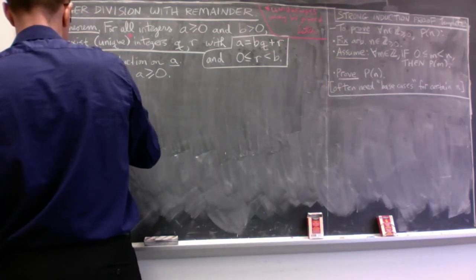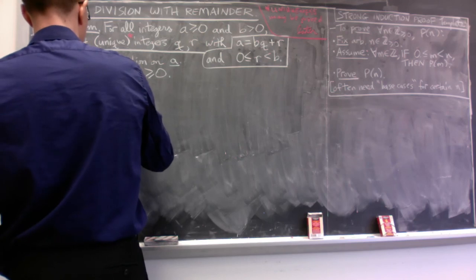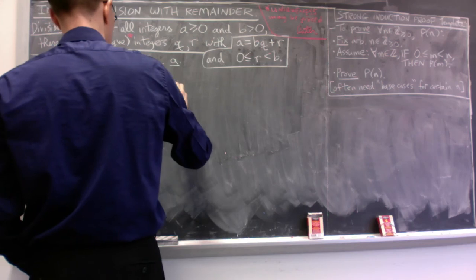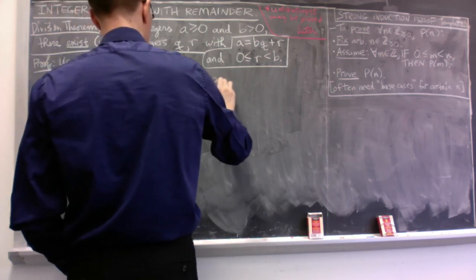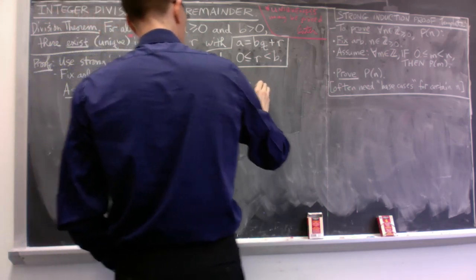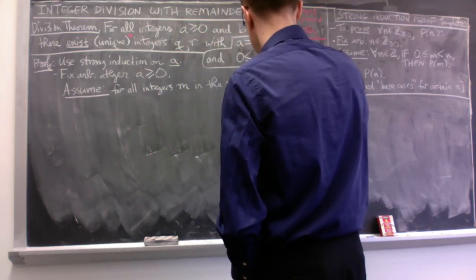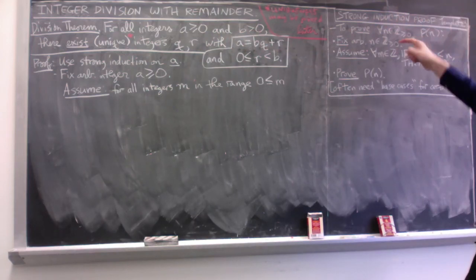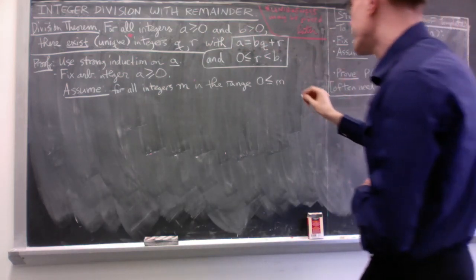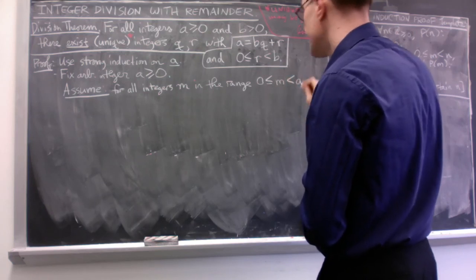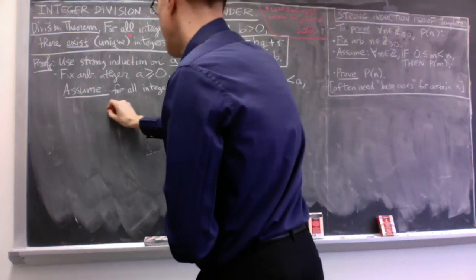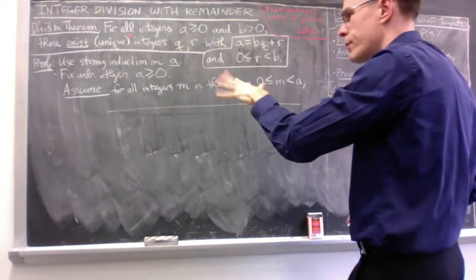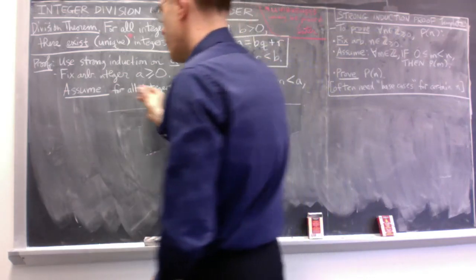Assume for all integers m in the range starting at 0, that's what was called b before, 0 is the smallest value of the induction variable, and ending just before a, blank. All right, let's leave this blank for a second because I'm supposed to copy this statement down, but I haven't completely symbolized it yet. So I'll fill that in a second.